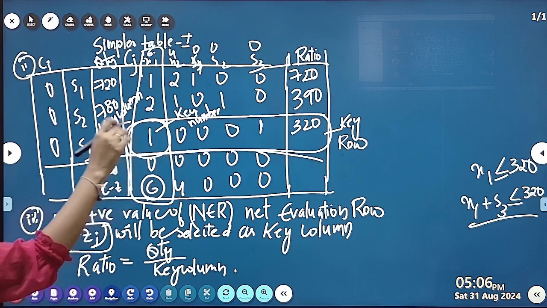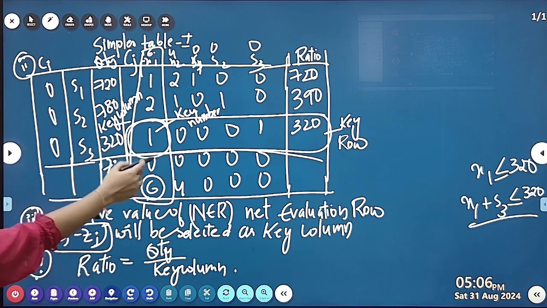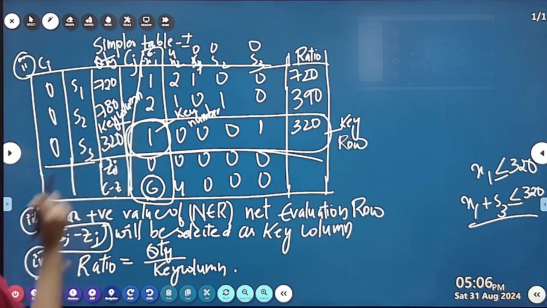Write it on the side once: key column is x1, key row is S3 and key number is 1. Written? Key column is x1, key row is equal to S3 and key number is 1.